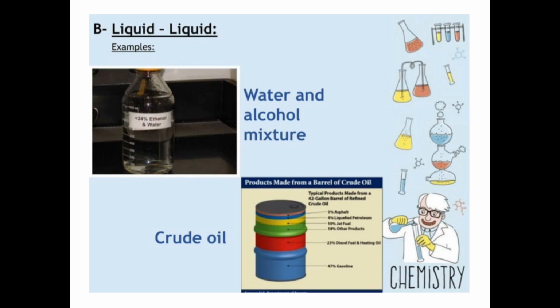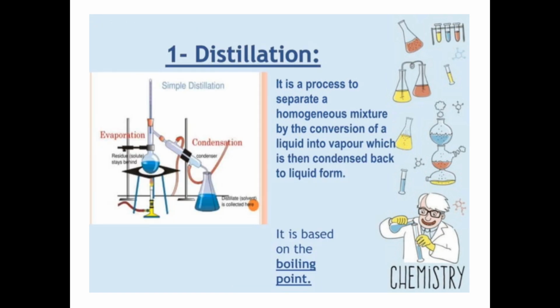Now let's go to the liquid homogeneous mixture. For instance, you can have crude oil, you can have water and alcohol, or ethanol. For a liquid mixture, you have distillation. Distillation is used to separate homogeneous mixtures by conversion of a liquid into vapor, which is then condensed back.